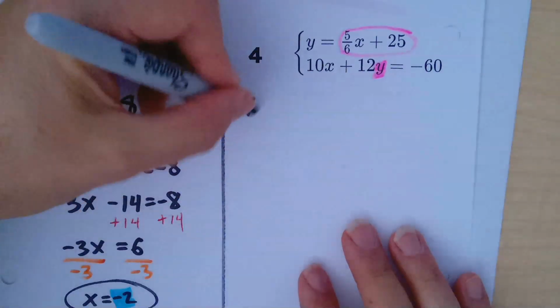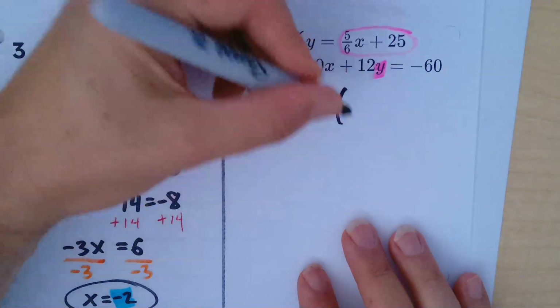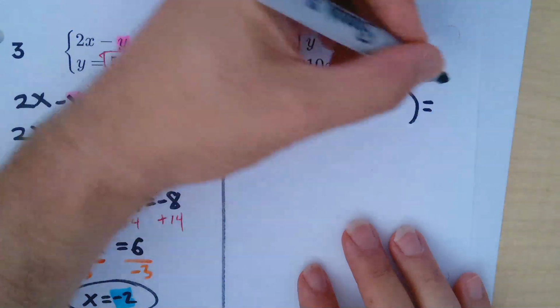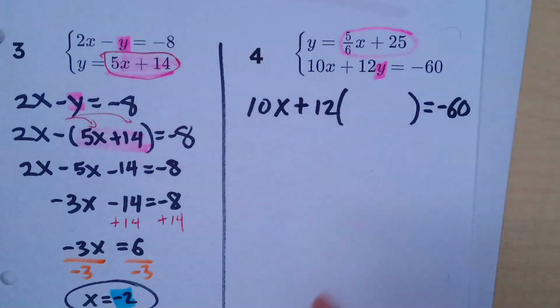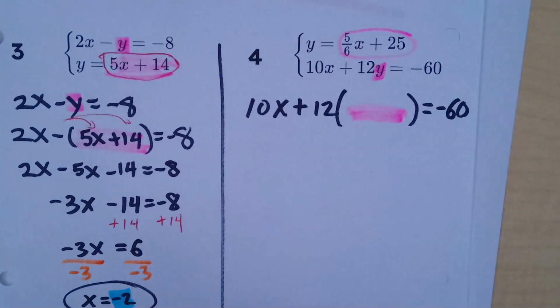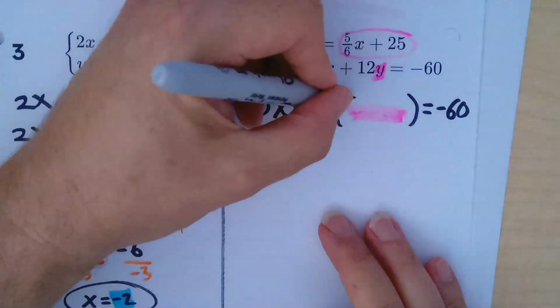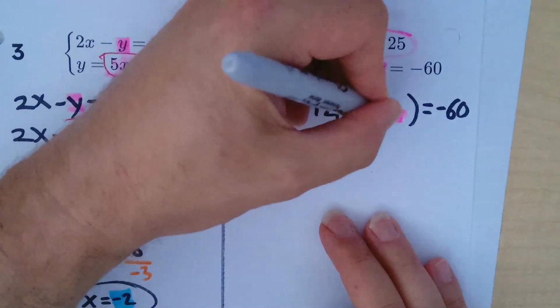So now I've got 10x plus 12 stuff equals negative 60. So instead of writing y, I'm going to write 5 over 6 x plus 25.